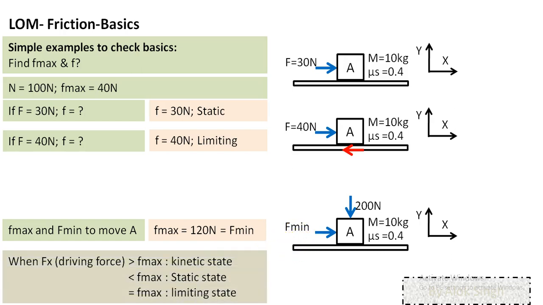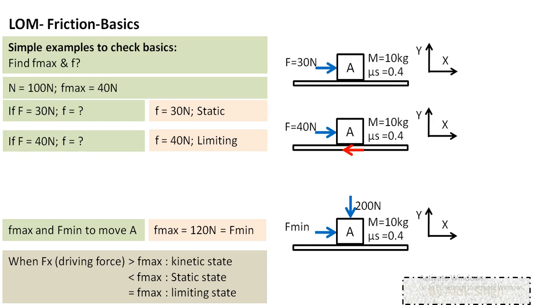So can we summarize what we have seen here? See, basically the state of motion depends on relative value of two parameters. What are those two parameters? Fx, the driving force, and Fmax, which is the maximum static friction force. If the driving force is greater than maximum static friction force, it will be kinetic state, the block will slip.